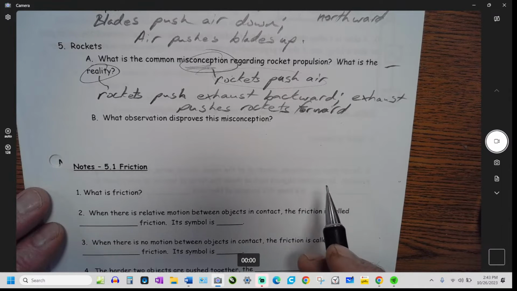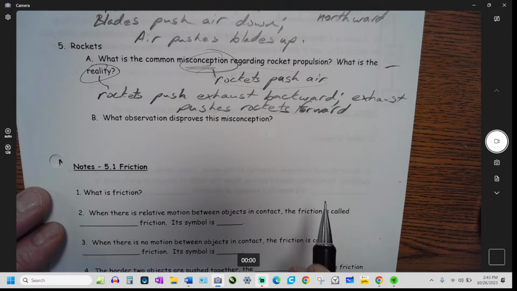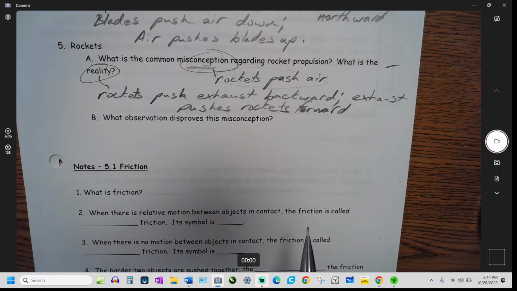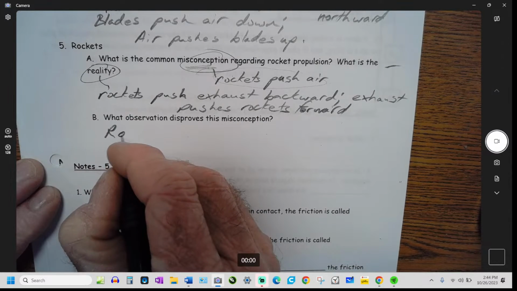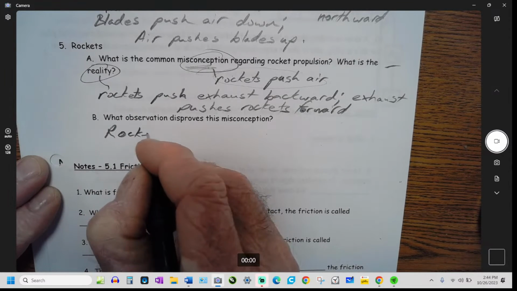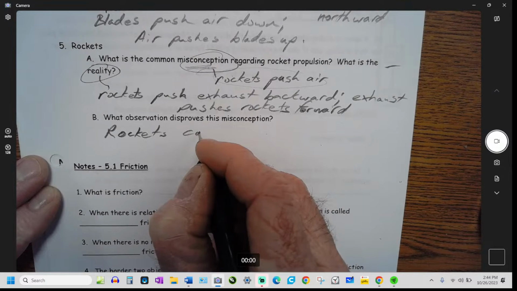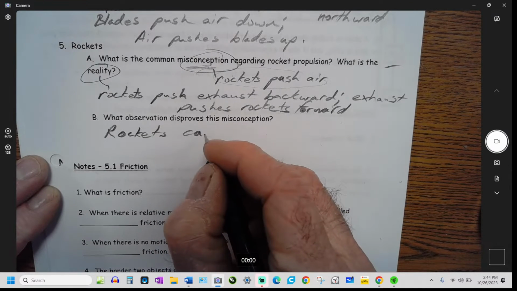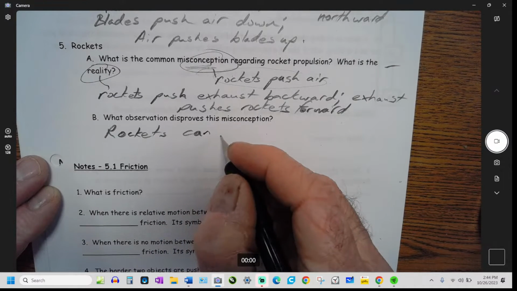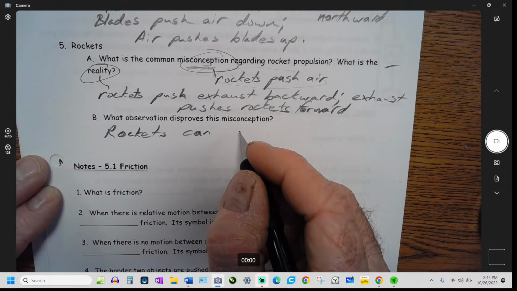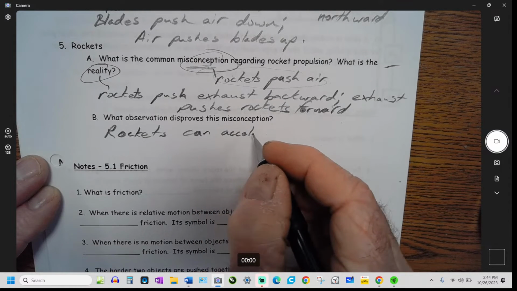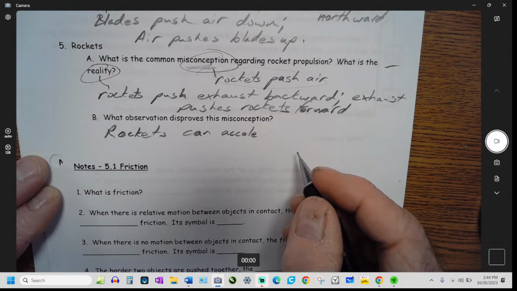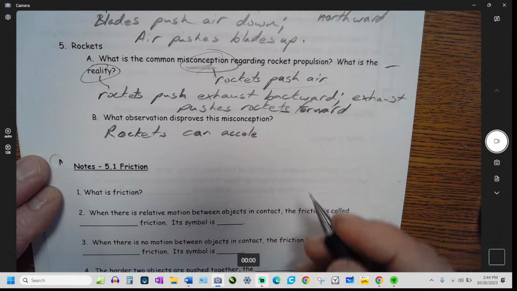No, I mean, like my desk has no wings. Okay, but it doesn't push air. They go in space. There's no air in space. Okay, there's no air in space. Rockets can accelerate in the vacuum of space. I'm just going to say can accelerate. Does a hairdryer have wings? In there it does, doesn't it? How does it push air? Little wings. Does my mouth have wings?